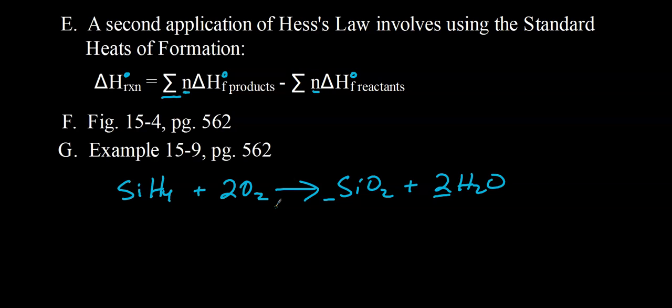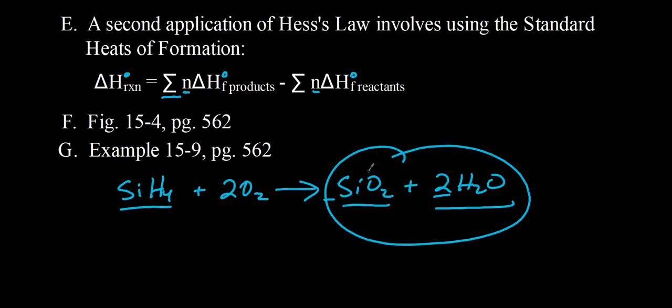So really all we care about when using this method are the compounds involved in the reaction. So delta H, the sum of the delta HFs of the products, each multiplied by their coefficient, minus delta H of the reactants, and you get the delta H for the reaction.